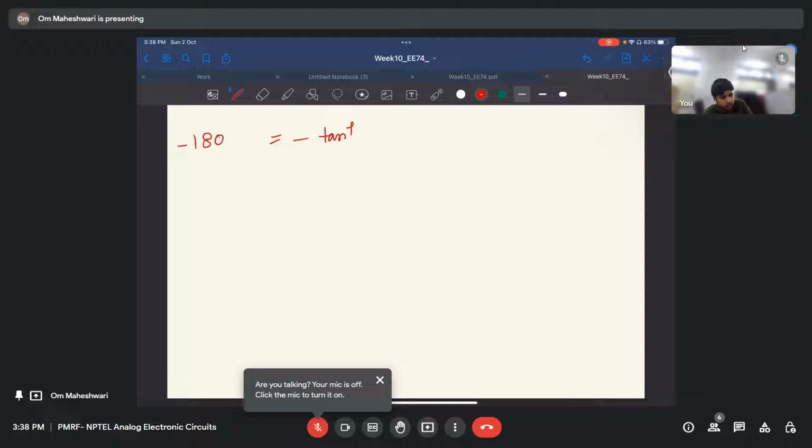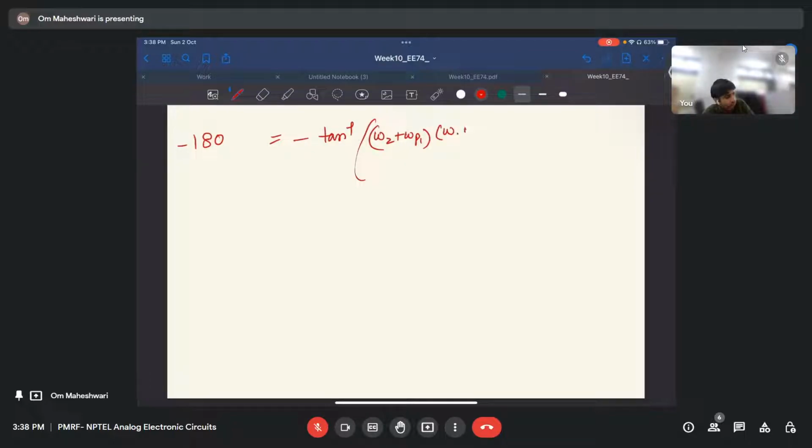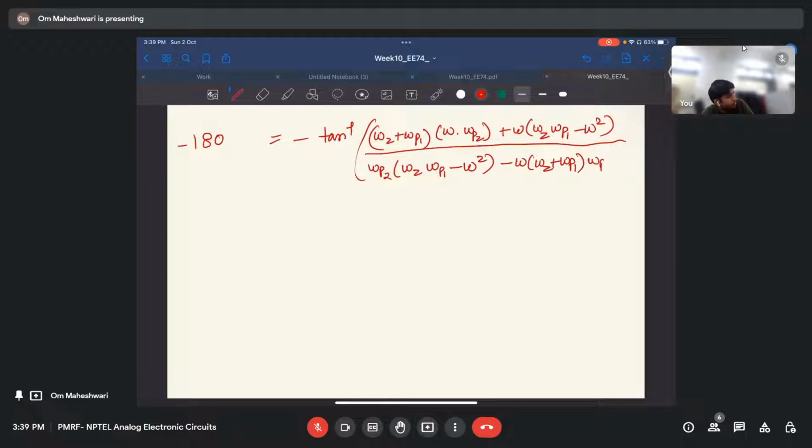If we solve this, we get (omega z plus omega p1) times omega times omega p2 plus (omega z omega p1 minus omega square) whole upon omega p2 times (omega z omega p1 minus omega square) equals omega z omega p1 omega p2 plus omega z omega p1 minus omega square.